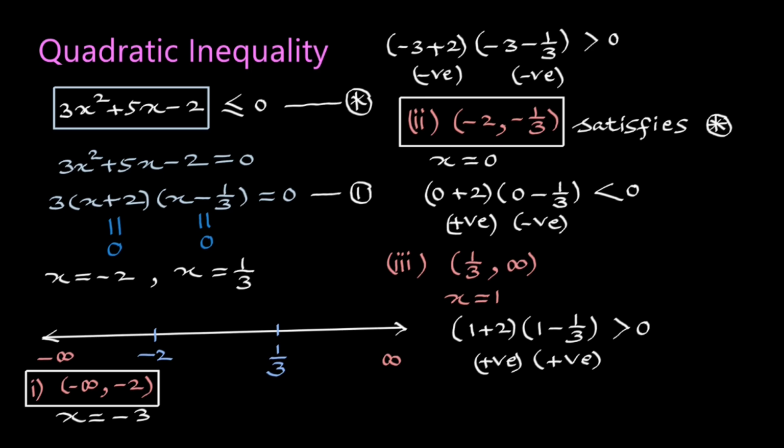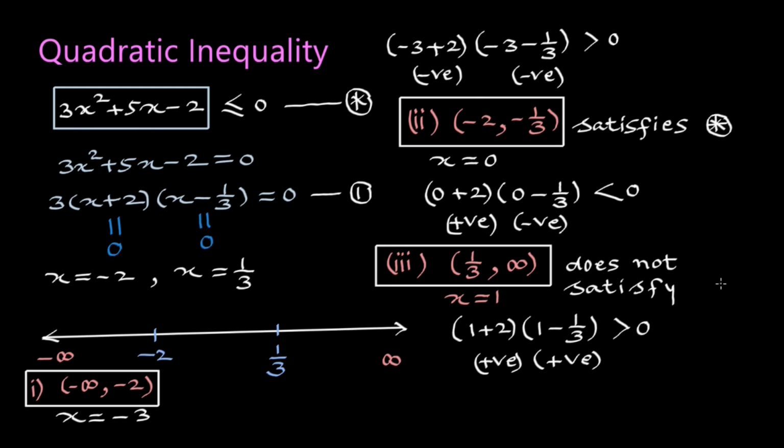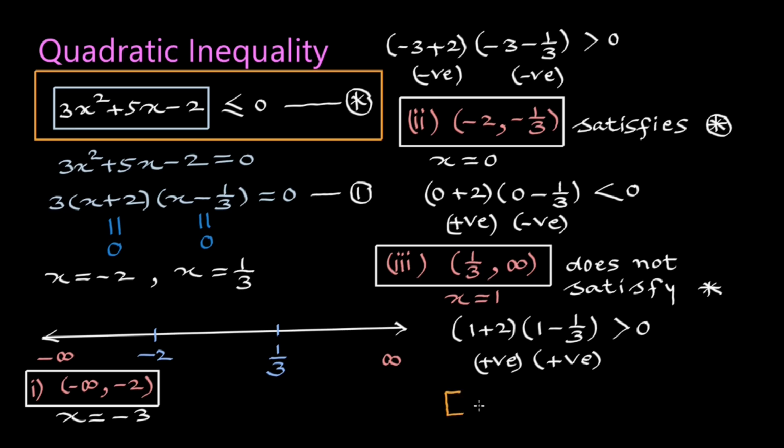And we can see this interval does not satisfy inequality star. So the only interval that satisfies the given inequality is the closed interval minus 2 to 1 upon 3, and this is the solution of this inequality.